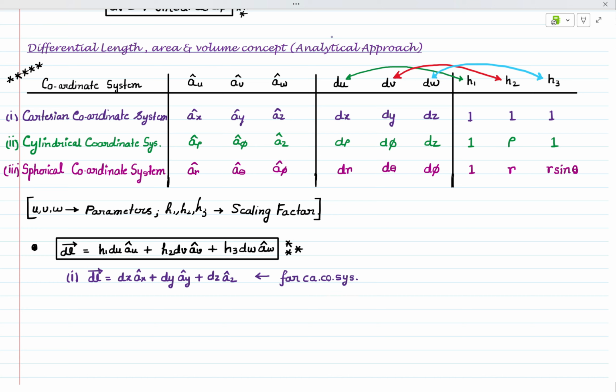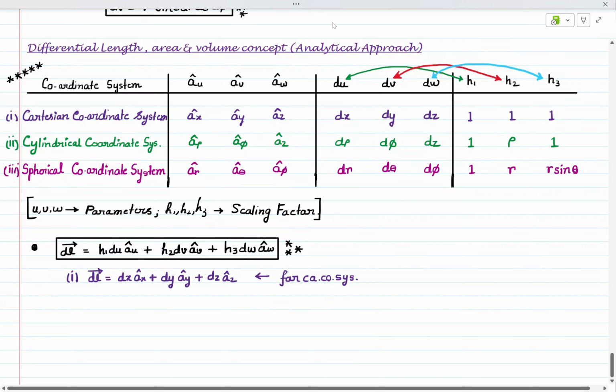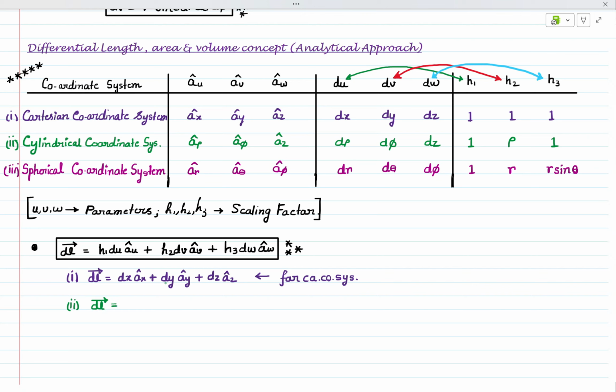Similarly, for the cylindrical coordinate system, what will be the differential length? For the cylindrical coordinate system, the same generalized formula I will follow here.